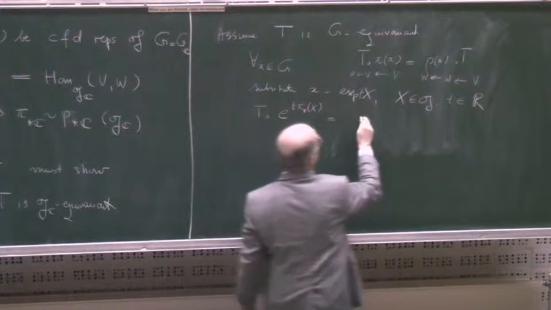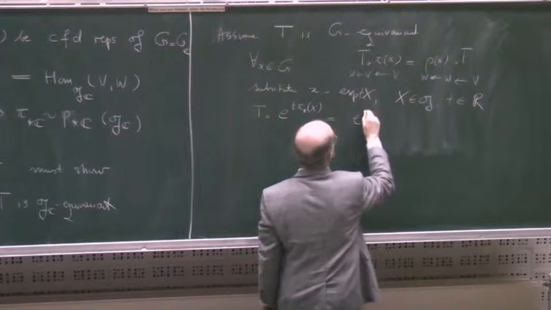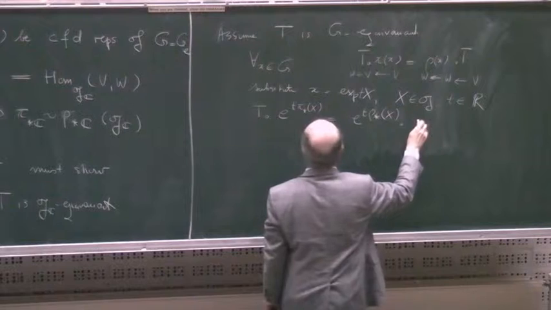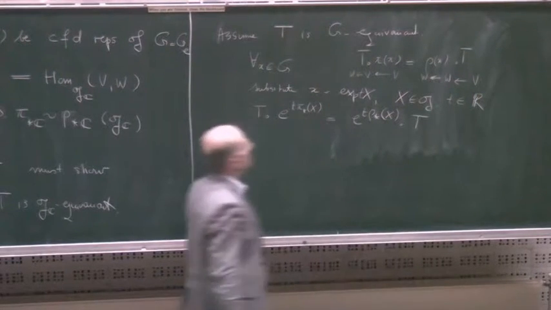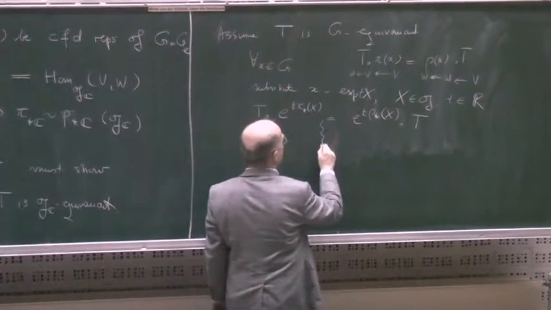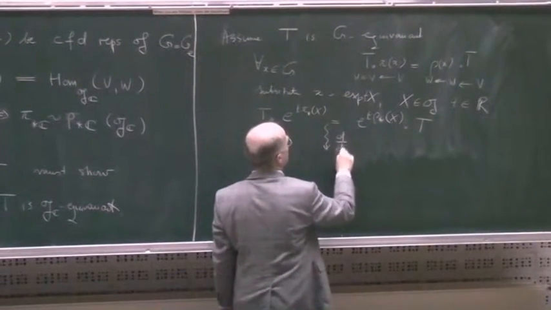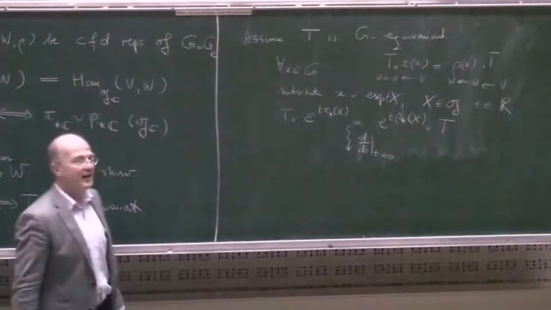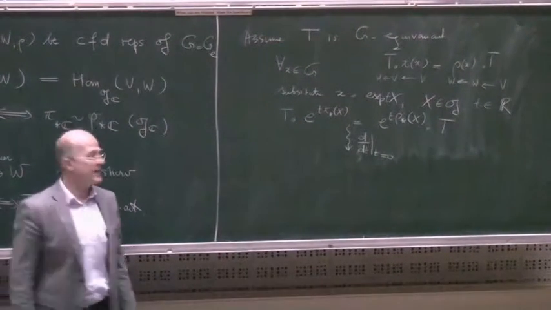And this is equal to e to the t times rho star of capital X composed with T. And now it's a matter of differentiating with respect to t at t equals 0 to get the intertwining statement for the Lie algebra.